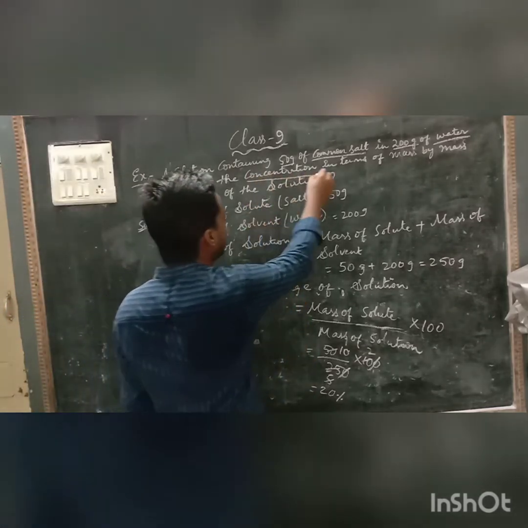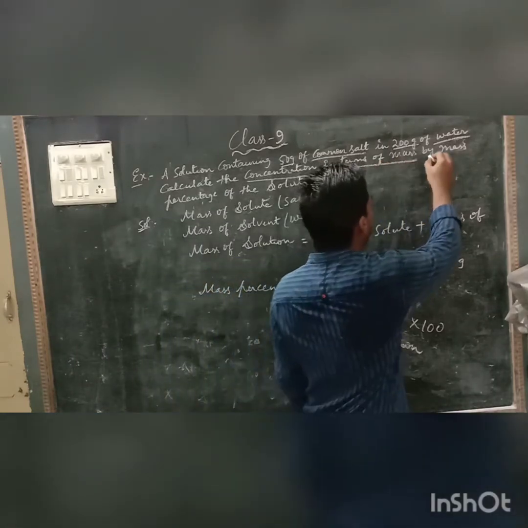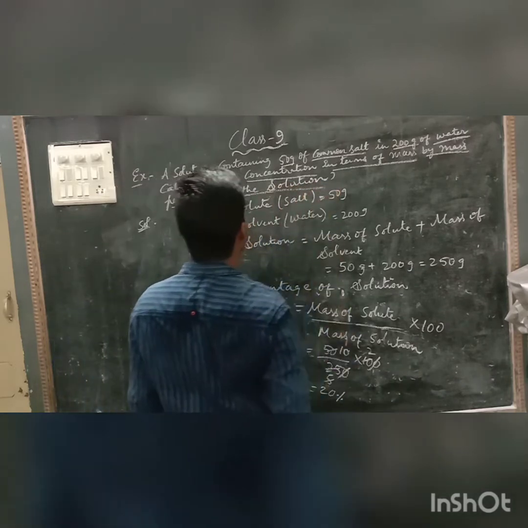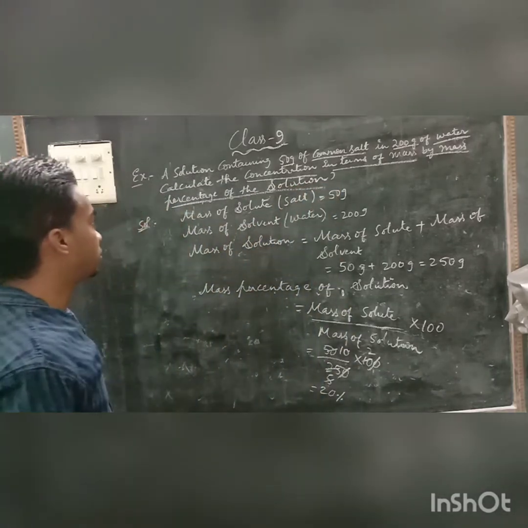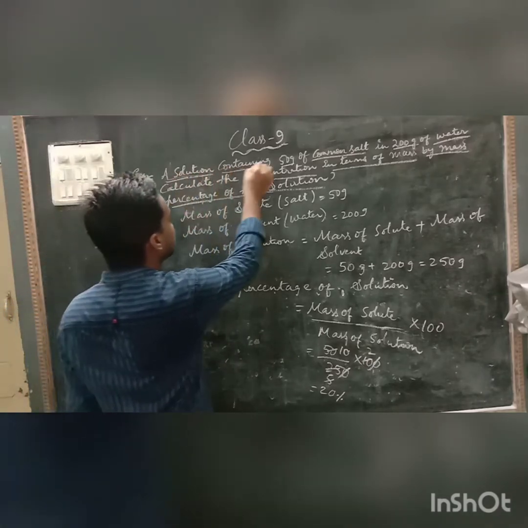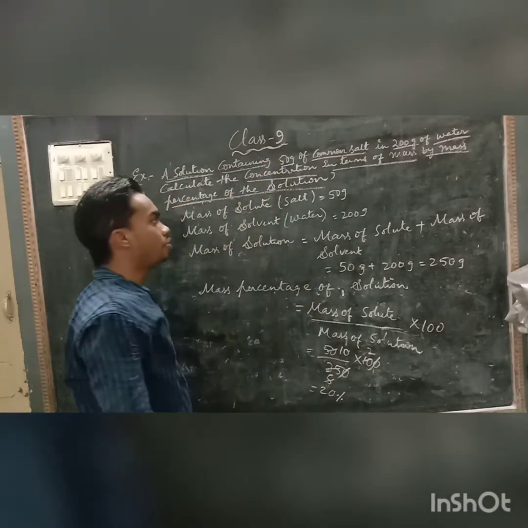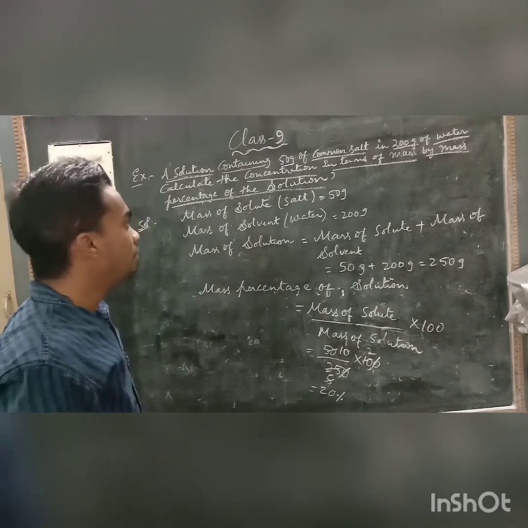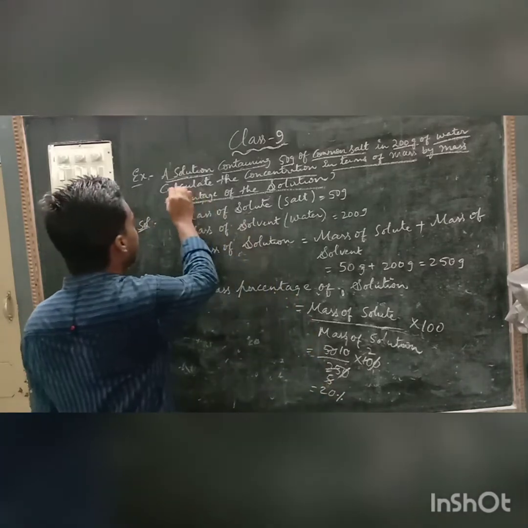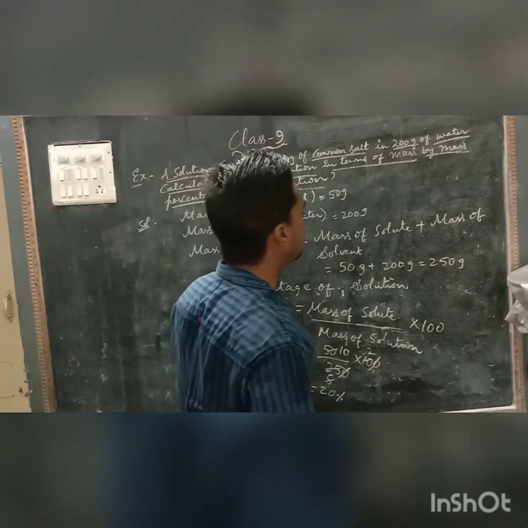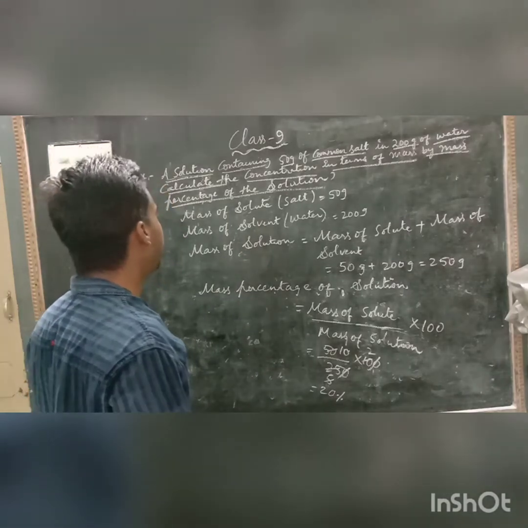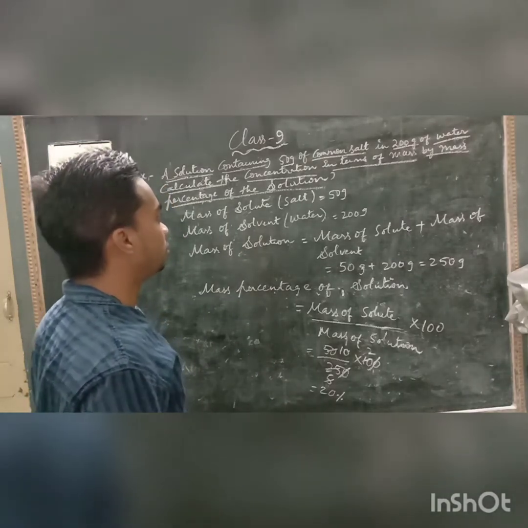Calculate the concentration in terms of mass by mass percentage of the solution. So once again, a solution is given. This solution is containing 50 grams of common salt in 200 grams of water. We need to calculate the concentration in terms of mass by mass percentage of solution.